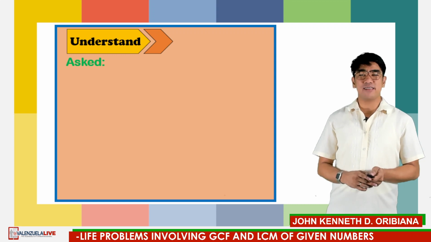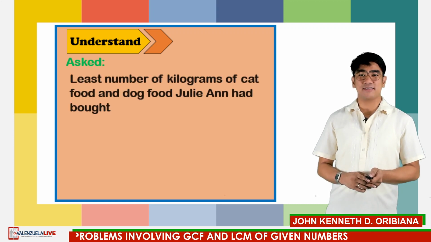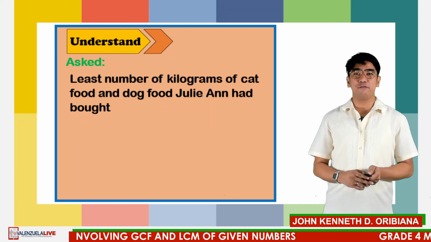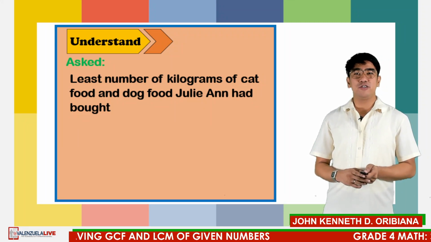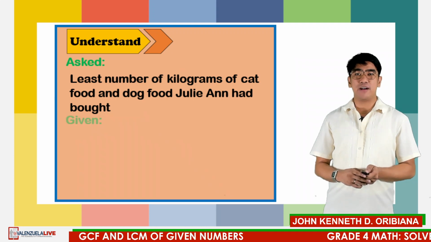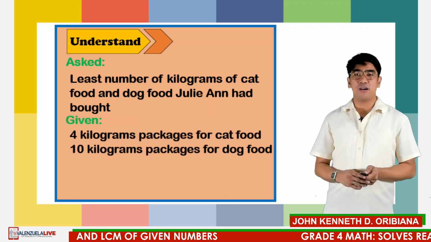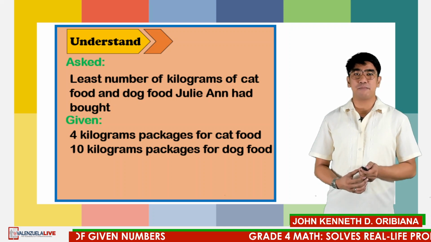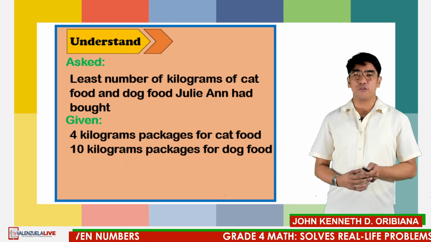First is to understand by getting what is asked. And it is the least number of kilograms of cat food and dog food Julianne had bought, followed by the given, which are 4-kilogram packages of cat food and 10-kilogram packages for dog food.